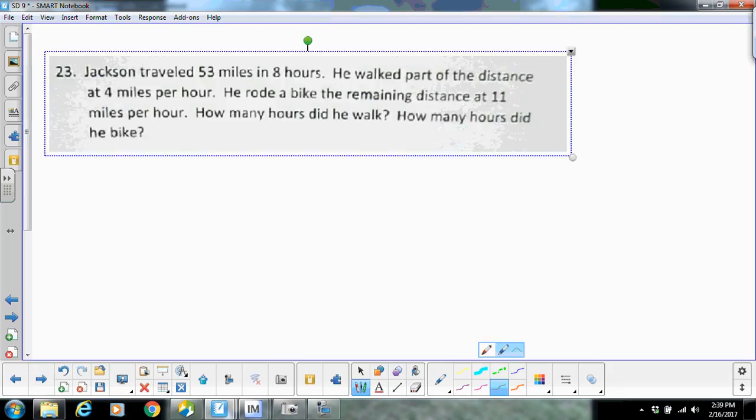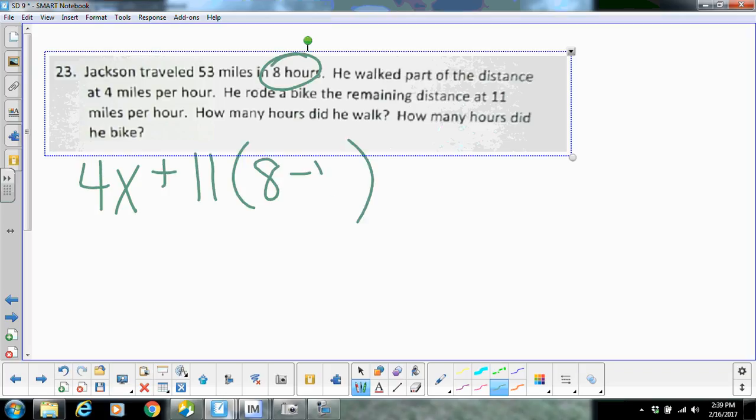Problem number 23. It's our traveling problem. Okay, Jackson traveled 53 miles in 8 hours. He walked part of the distance at 4 miles per hour, so 4 times x. All right, and then he biked at 11 miles an hour. Remember, total is 8, so it's going to be 8 minus the amount of hours he has already walked, and that's going to equal his mileage of 53.